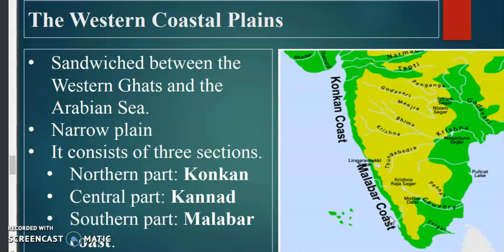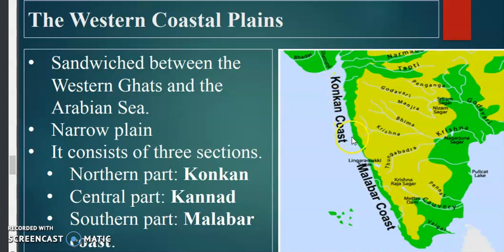The western coastal plain is very narrow in nature. By the picture you can understand this green color is the western coastal plain and it is very narrow, whereas the eastern coastal plain is wide. The western coastal plain consists of three parts: Konkan, Kannad and Malabar.